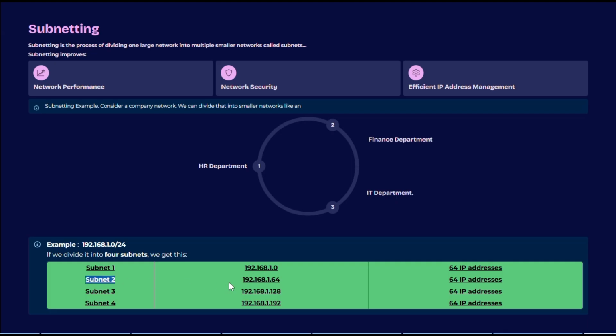The second will get 192.168.1.64. The third will get 192.168.1.128. And the last will get 192.168.1.192. Each of these 4 subnets contains 64 IP addresses. And that's how subnetting works in computer networking.